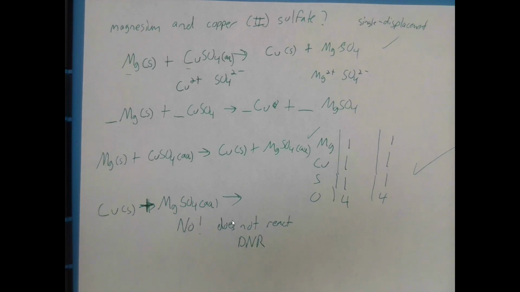So the reason why we know this does not react is we're trying to get copper to replace the magnesium. So remember, the one that's going to bond is the more active of the two. If magnesium is more active, it will not. This will not react in this situation. However, if magnesium is more reactive in this situation than copper, it's going to replace the copper.